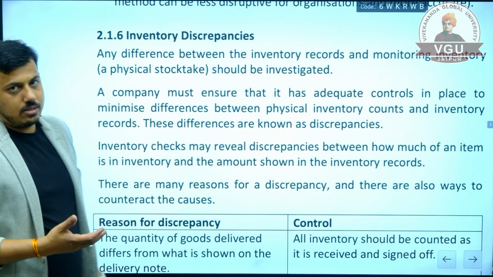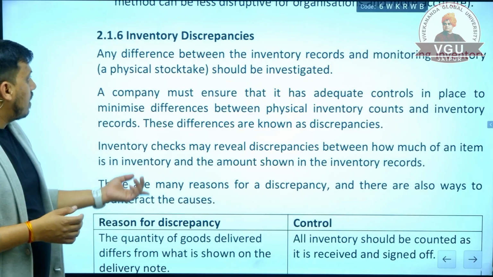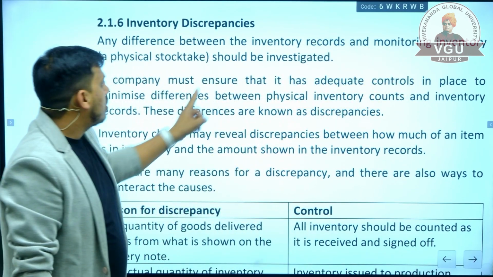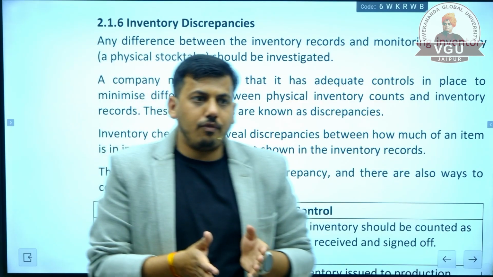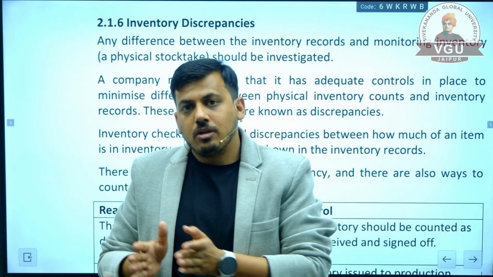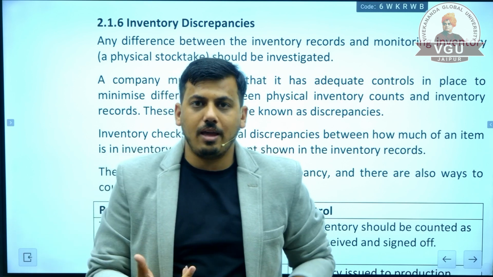Inventory discrepancies. Any difference between the inventory records and monitoring inventory should be investigated. If the record says a different amount from what is in the physical stock, then a discrepancy may arise.